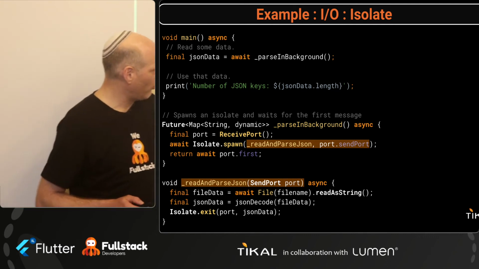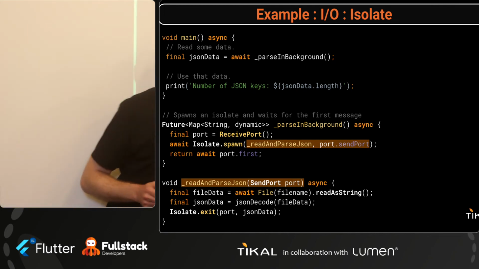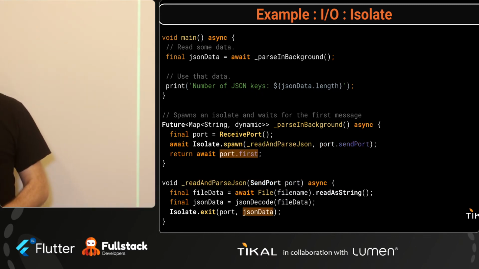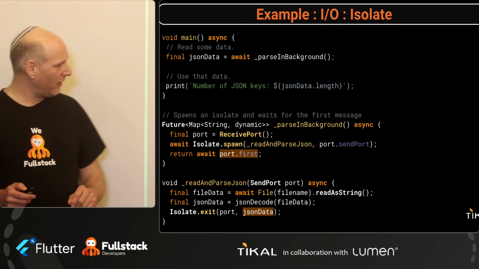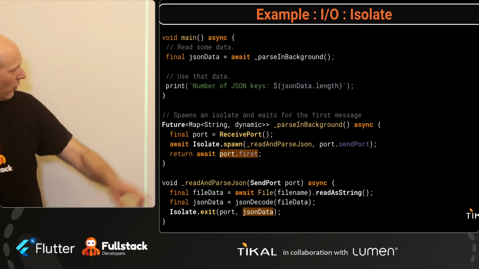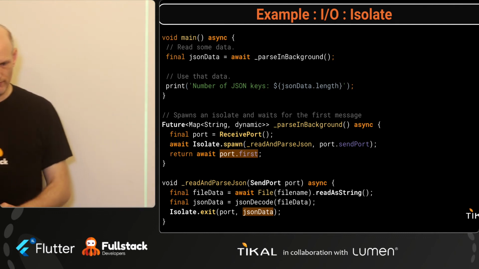If we have more than one argument, we can wrap them in an array. And then the exit will send the result. When we exit, it will send back the result that he's waiting for over here, waiting for the JSON result.